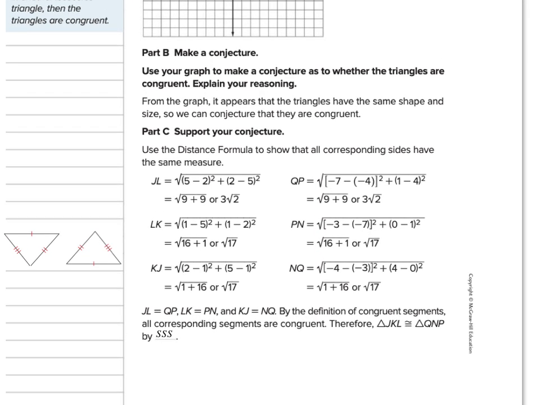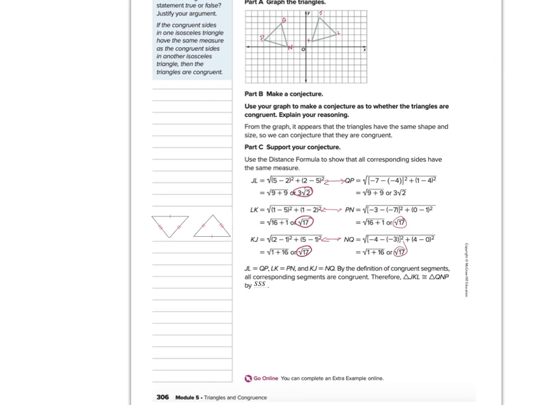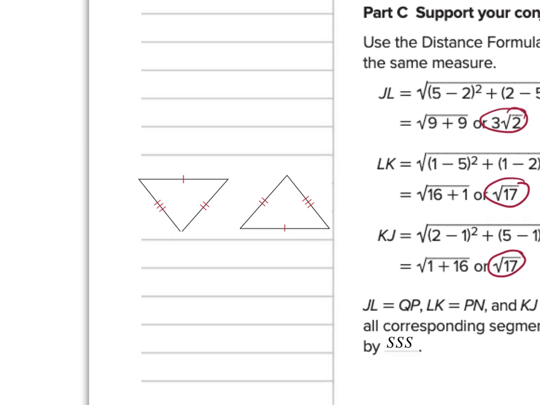So they were able to find the distance of JL, the distance of KL, the distance of KJ, and so forth. So they found out, hey, these two are congruent. These two are congruent. They have the same values. And then lastly, these two are congruent. So there you go. They were able to say, hey, all three sides of the triangle are congruent to all three sides of the other triangle. And then again, this is how it would appear commonly.